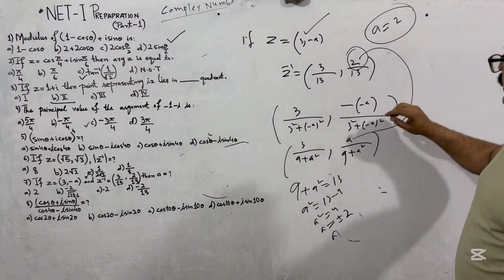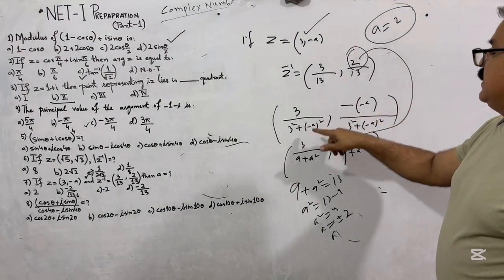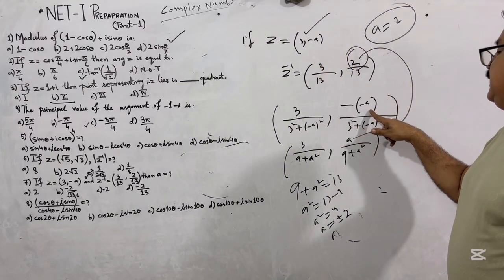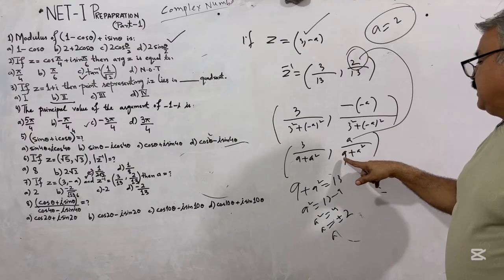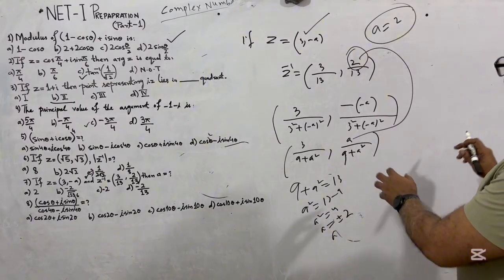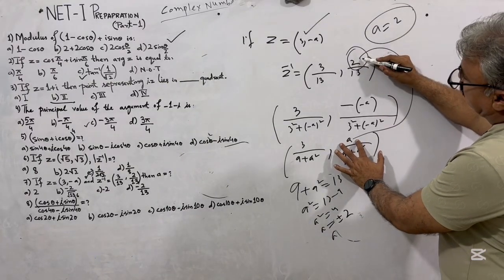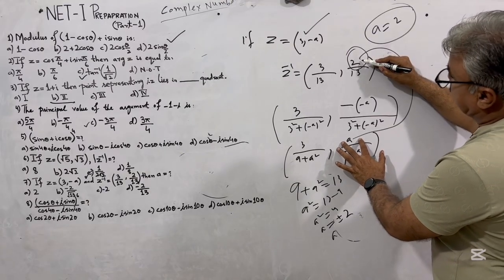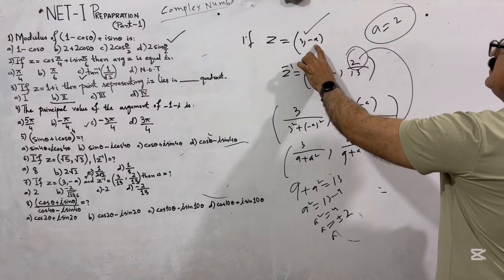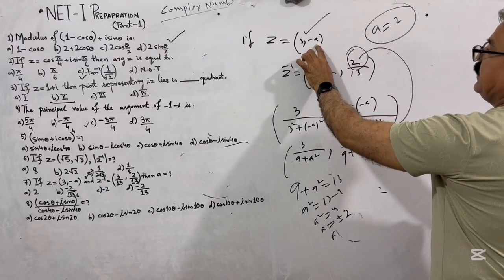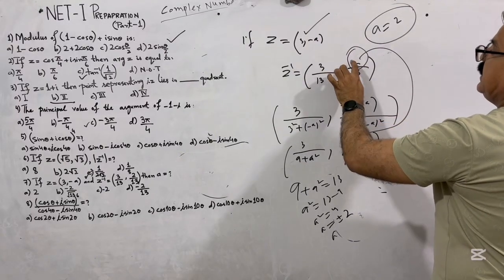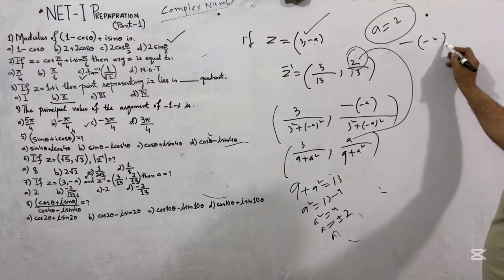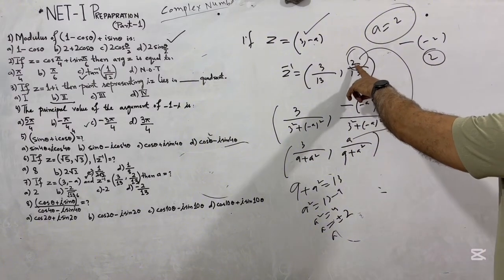Or simply you can compare. Apply the inverse formula, a over (a square plus b square), minus a over (9 plus a square). From this one can infer that the value of a is 2, because if we put minus 2 here, minus times minus 2 will become positive 2 as it is required.